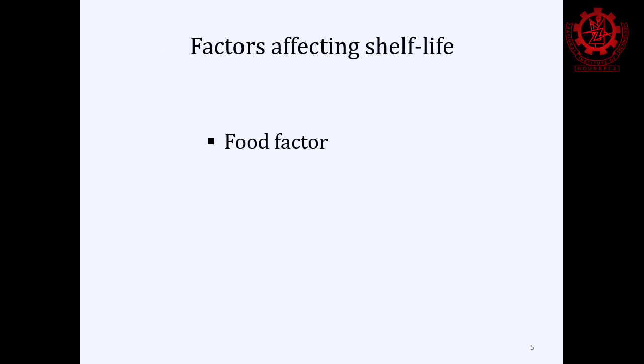So there are food factors. It means the inherent chemistry of the food. As you said, some products inherently have a higher microbial count compared to other products. Then even if you expose them to the same environmental conditions, even if you use the same packaging, their initial quality was different, then the shelf life would be different.